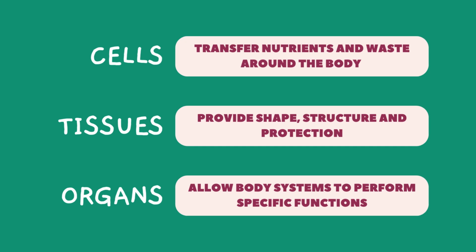And finally, your organs are made up of multiple types of tissues that allow body systems to perform specific functions, such as your heart, for example, or your stomach. Each organ has a specialized role which contributes to larger organ systems, like I mentioned earlier, your digestive tract, your respiratory system, so the system where you breathe, and your circulatory system, how blood gets pumped throughout your body.